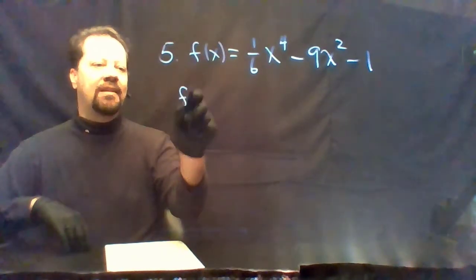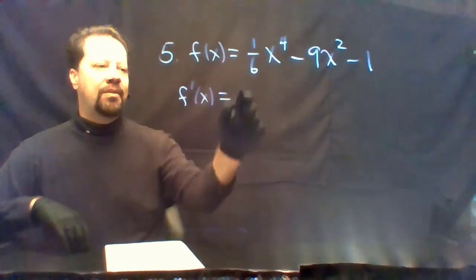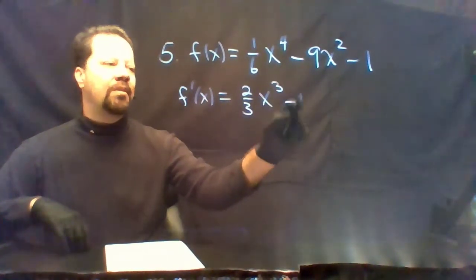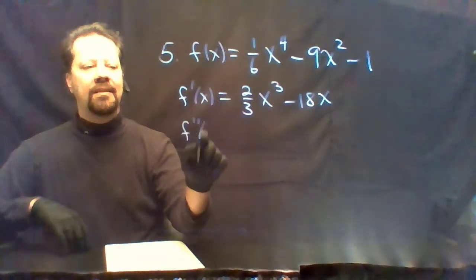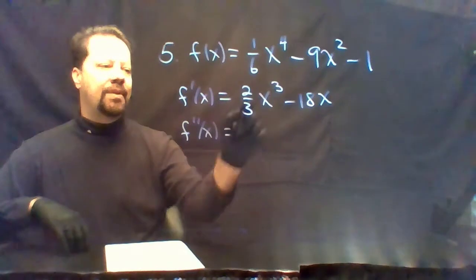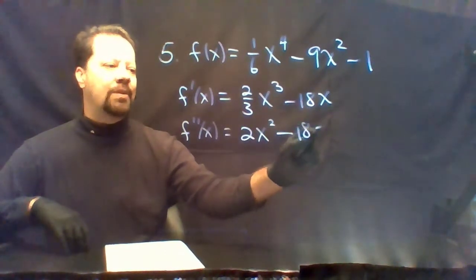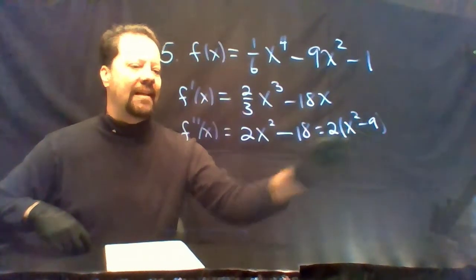We begin with calculating the first derivative. You see that we get 2/3 x cubed minus 18x. And then we calculate the second derivative, which is 2x squared minus 18, which will factor as 2 times x squared minus 9.